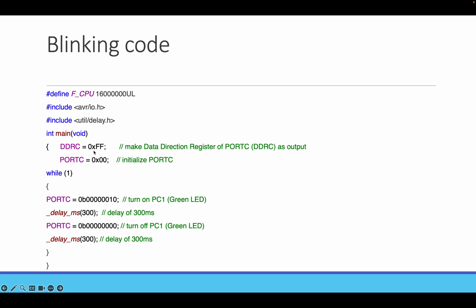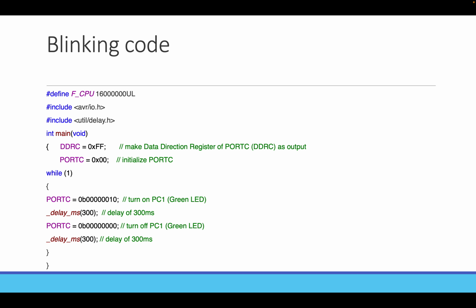We made all pins output by putting 0xFF on the DDRC. 0x we put at the beginning of the hexadecimal representation of the number, and FF means 8 ones. By this we make all the port output. Then we initialized port C by putting 0x00, so port C is all zeros.